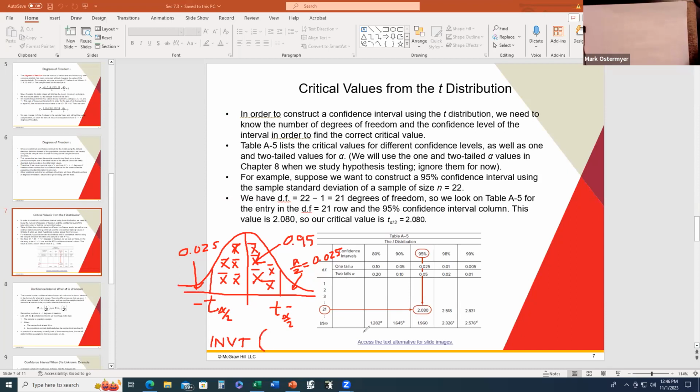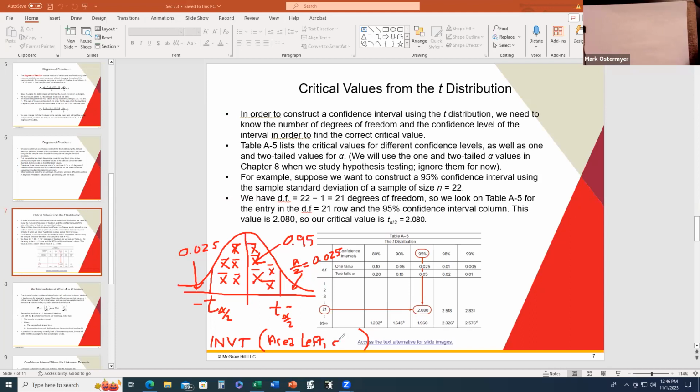All right, and the argument list for this inverse t function is going to be the area to the left of the critical t value that we seek, just like it was for the inverse norm function. The area is always to the left.